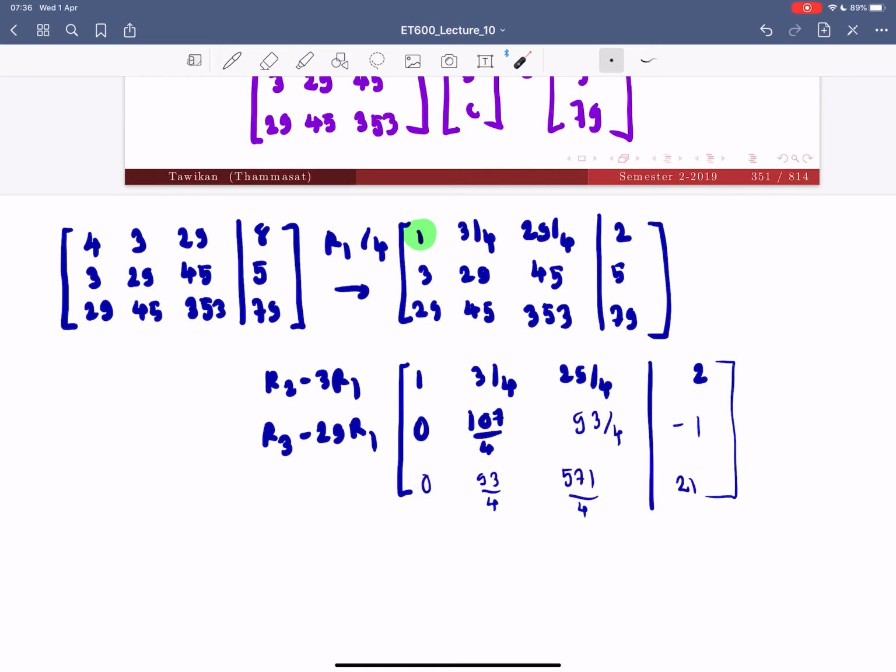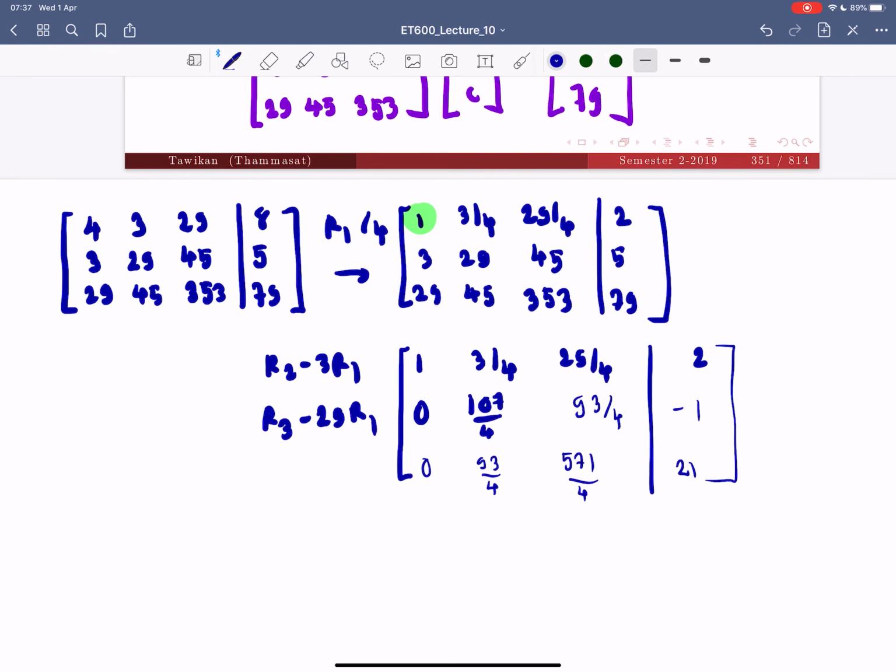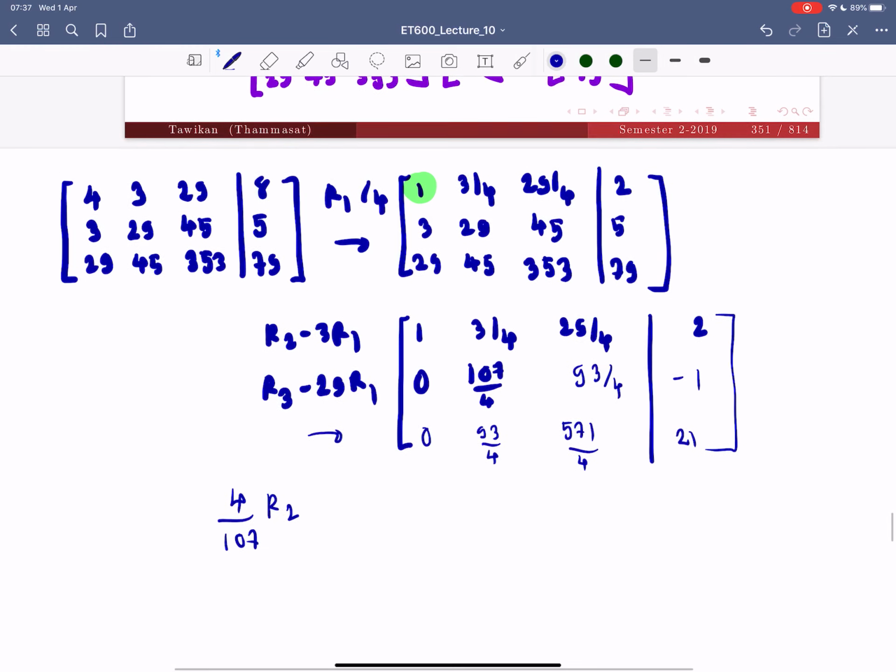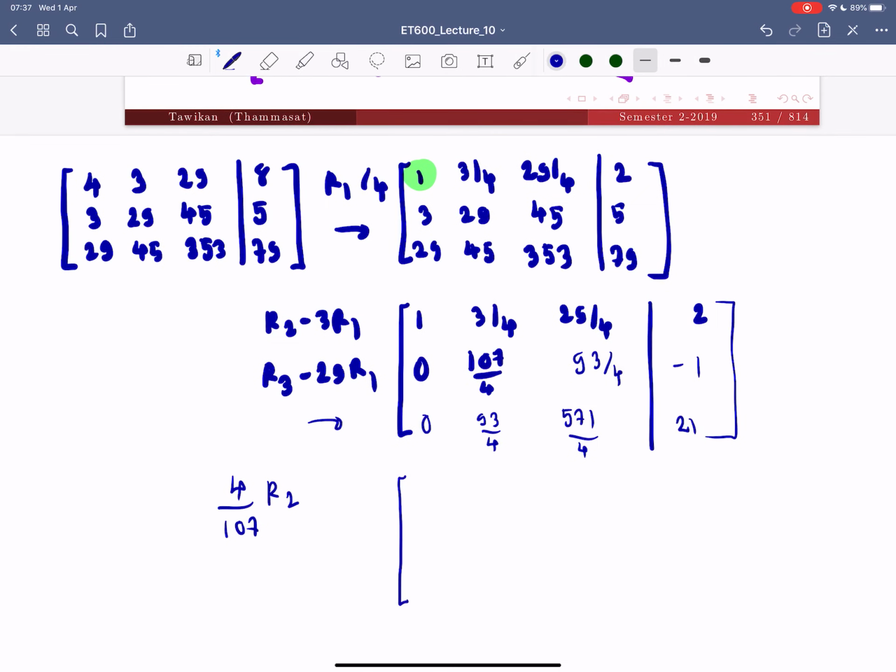The next row operation that I will be performing is multiply the second row by 4 over 107 to get the leading one in the second row, second column. So I multiply the second row by 4 over 107. Then my resultant matrix, the first row remains the same. That is 29 over 4.